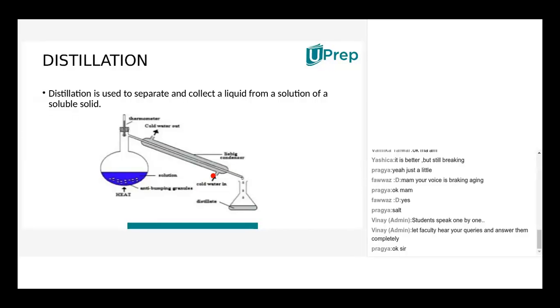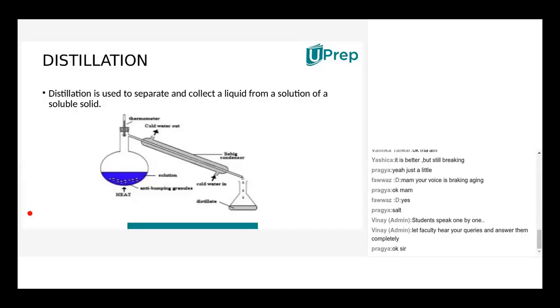So in the simple distillation process, we can find that the alcohol has a different boiling temperature and water has a different temperature. And distillation is used to separate miscible liquids, where the main principle is boiling point.